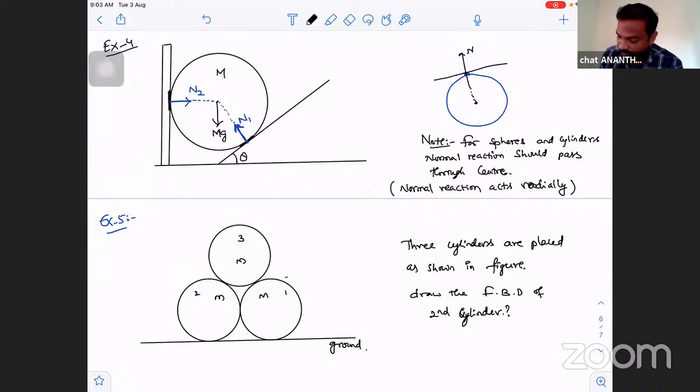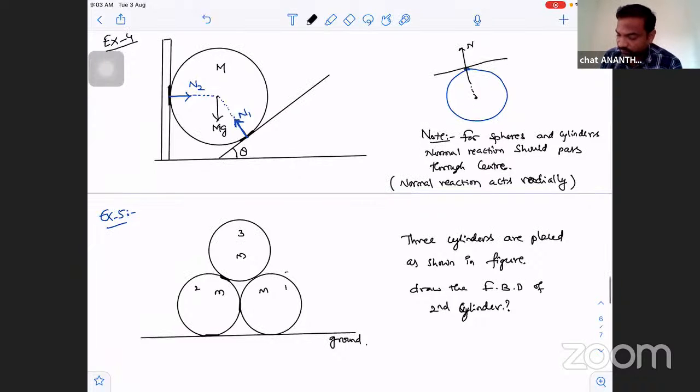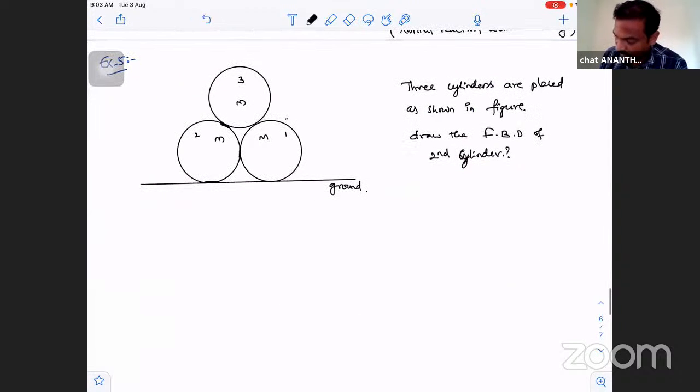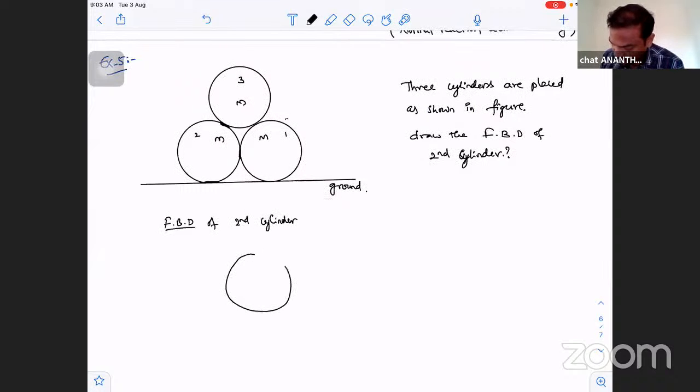If you see in the diagram, the second and first cylinders are in contact, the third and second cylinders are also in contact, and the ground and the second cylinder are also in contact. Then how many contacts are there? Total contacts will be three. And then what is the free body diagram you can draw of the second cylinder? Suppose this is one contact with the ground, so I'll take N1, and this is another contact, perpendicular, this should be N2.